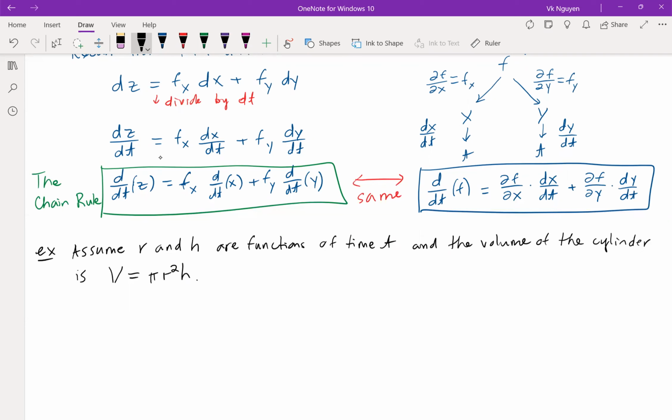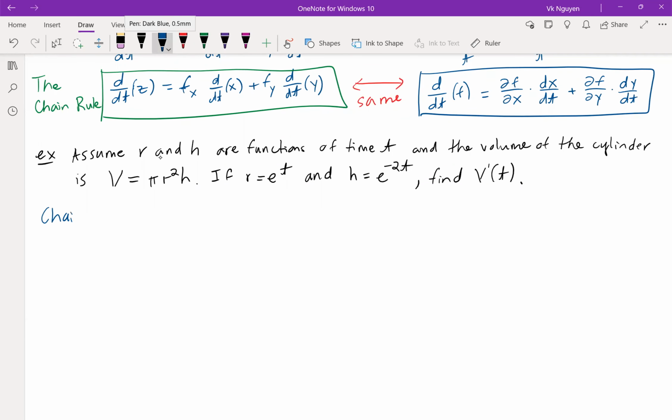If r equals e^t and h equals e^(-2t), find V prime of t. Chain rule here.